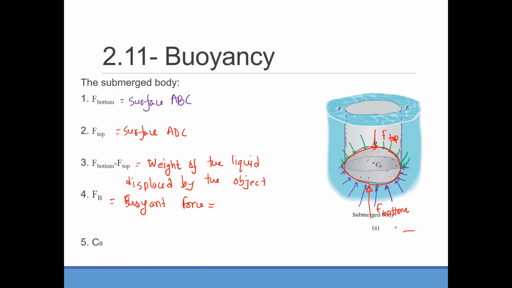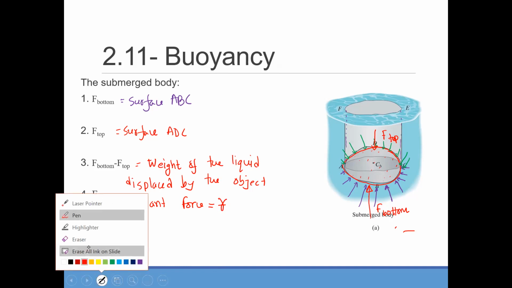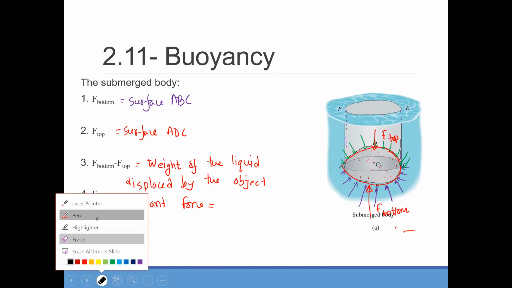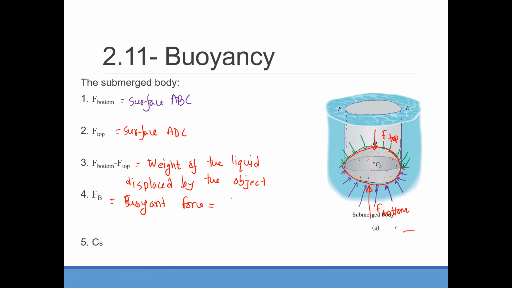And we can express that as, how can we find the weight of the liquid displaced by the object? Obviously, this will be gamma of fluid times volume of the displaced fluid, that will be the buoyant force.